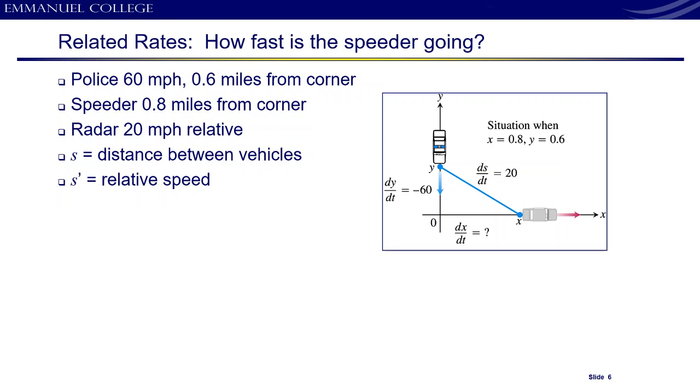The police car is coming from one angle, so you would treat it that same way. Notice it says dy/dt is negative 60. That is not saying that it's negative 60 miles per hour. Again, if you go negative, you're going backwards.